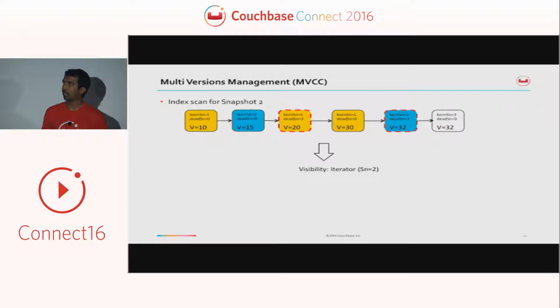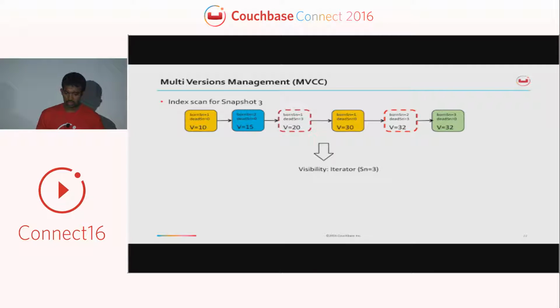Everything created after that will be invisible here. In this case, everything born in snapshot 1 is visible. Now let's look at iterator 2, for snapshot 2. In that case, value 32 is invisible because it was born in snapshot 3.